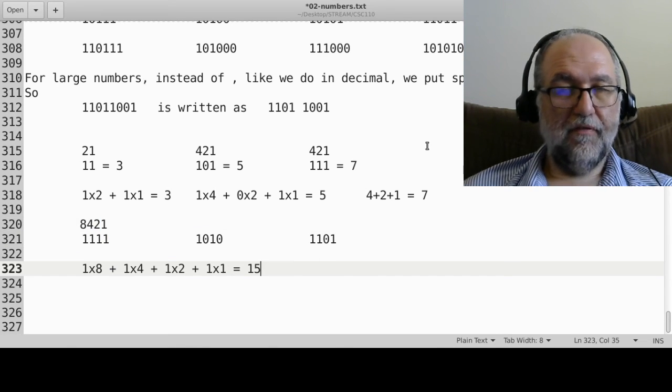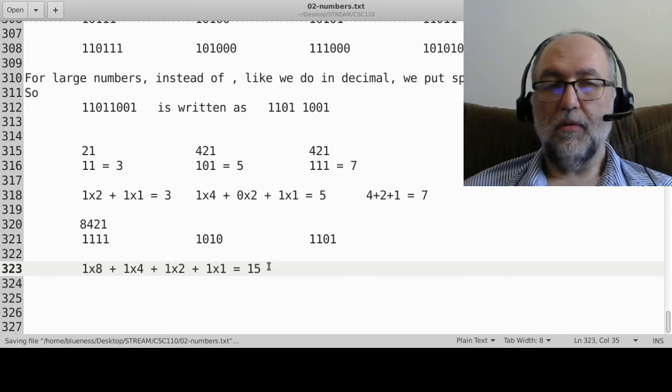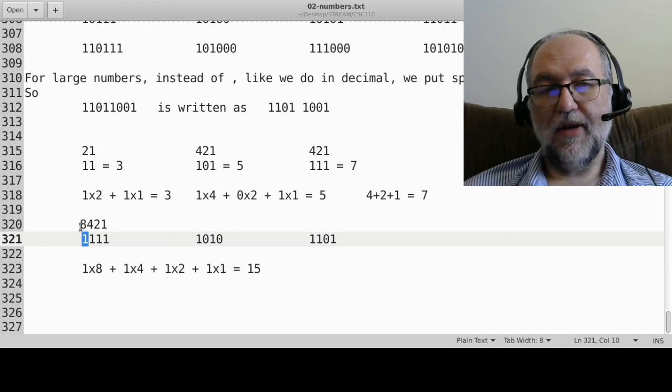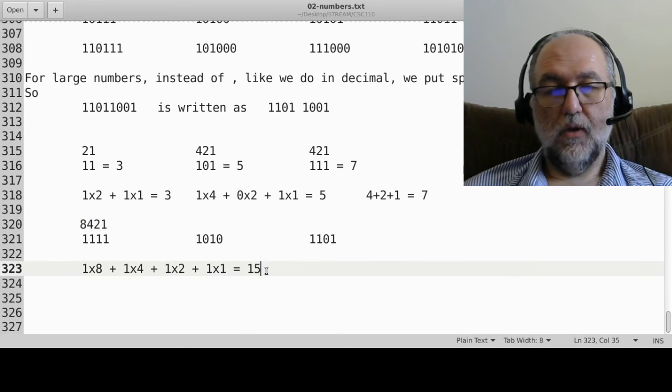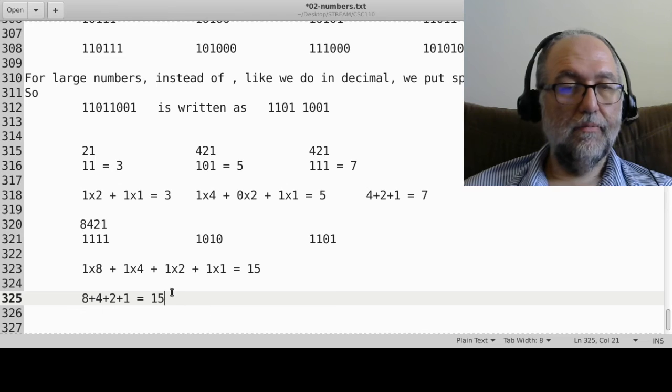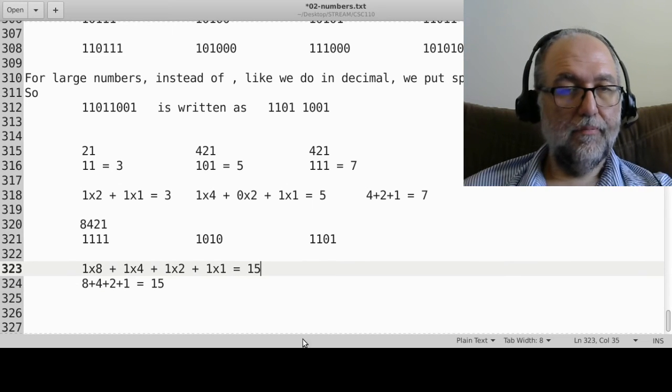You add them together and you get 15. If I were to do it quickly, why bother with the ones like one time? I'd say I have an 8, I have a 4, I have a 2, and I have a 1. That's equal to 15, and that converts that number.